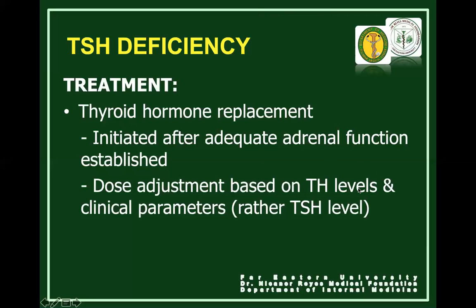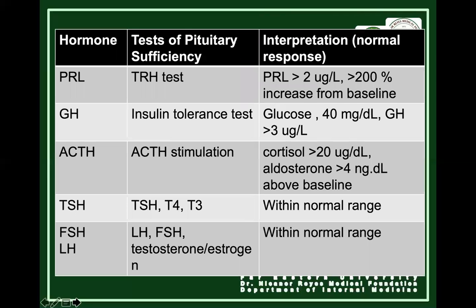So in summary, you will see here how we test for pituitary sufficiency. For prolactin, this one is the TRH test. There's actually not really a hypoprolactinemia to test for, because you really have to suppress the prolactin.